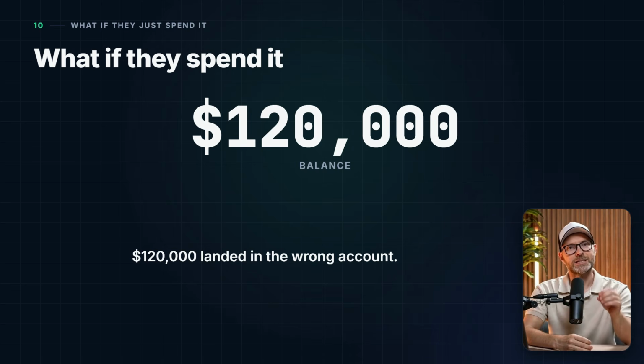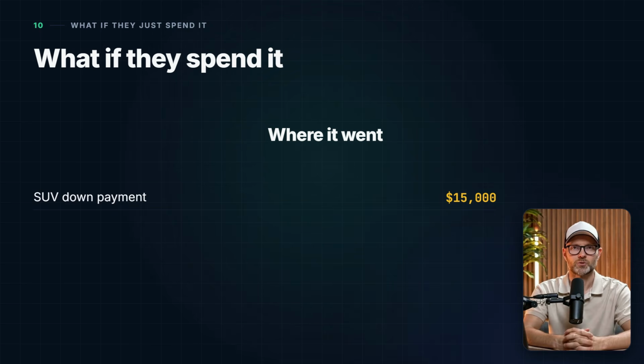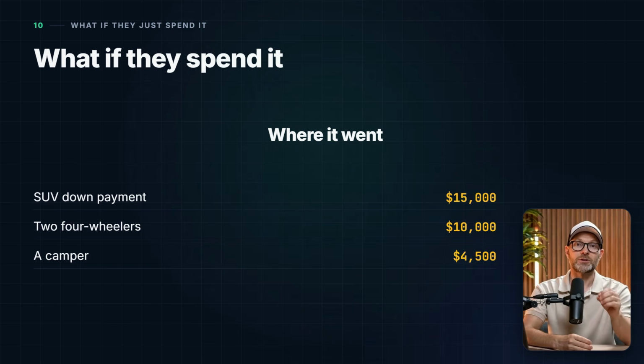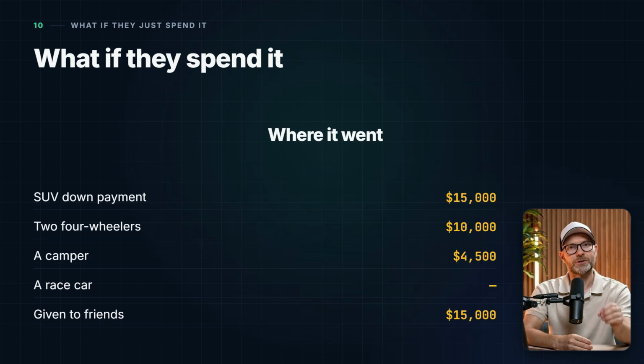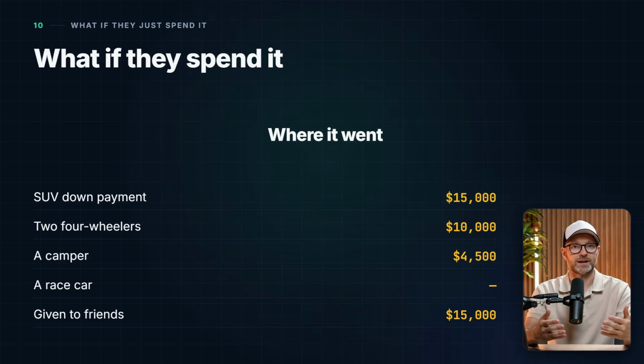In May 2019, a bank teller in Pennsylvania made an error. She deposited more than $120,000 into the account of Robert and Tiffany Williams of Montourville. The money was meant for an investment firm. They spent over $100,000 of it, $15,000 as a down payment on an SUV, $10,000 on 2 four-wheelers, a camper, a race car, $15,000 handed to friends.